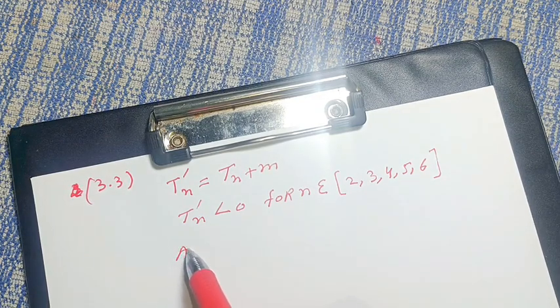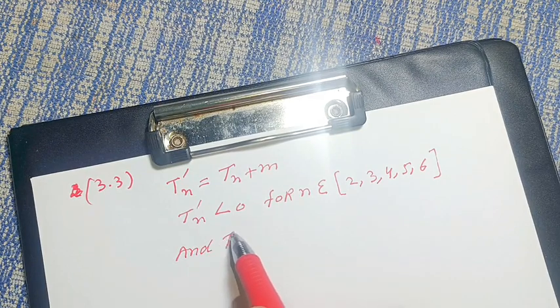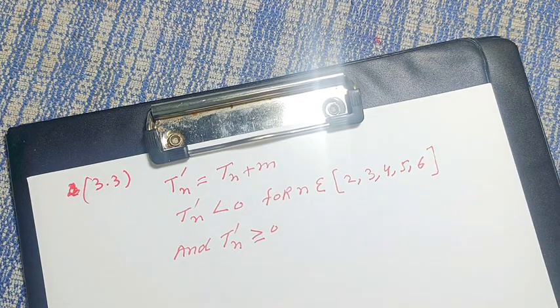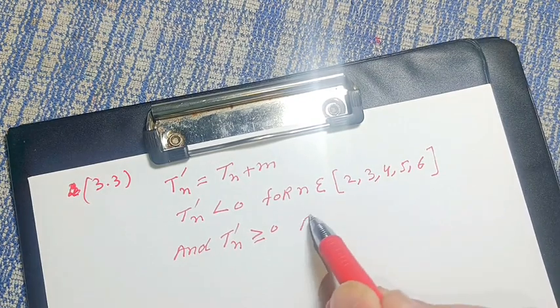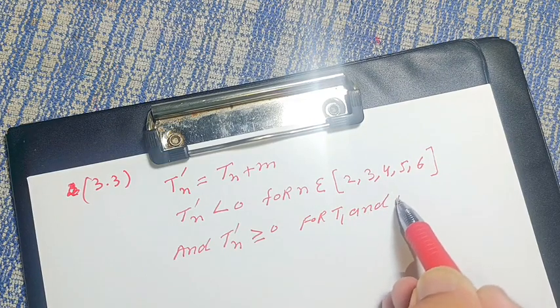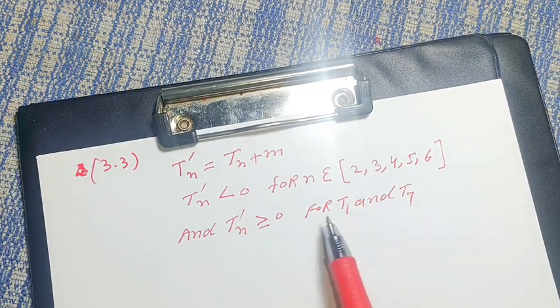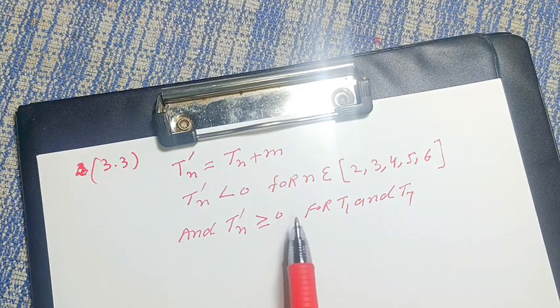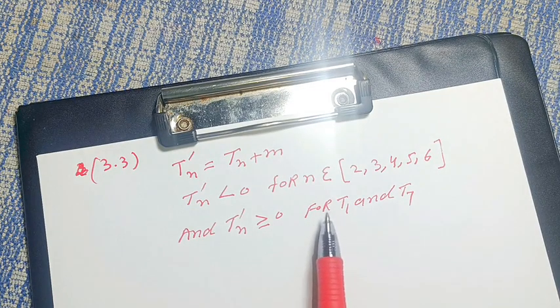And also must remember T prime n must be greater than or equal to 0 here. So T1 and T7 mustn't be negative, but they can be equal to 0 or greater than 0. So the term 1 and term 7 must be equal to 0 or greater than 0.